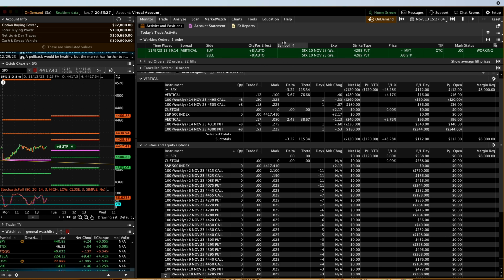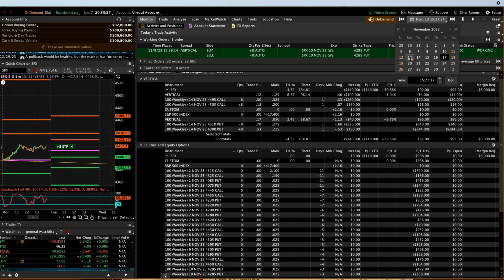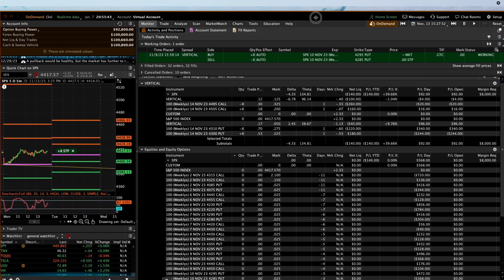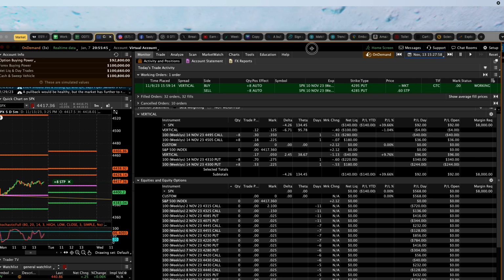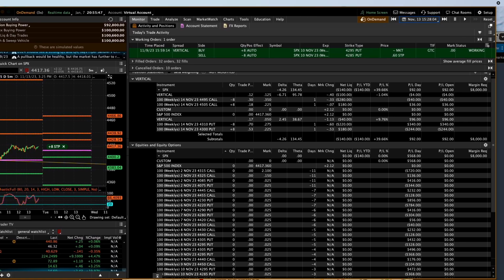So I'm just going to confirm that real quick. So let me see, November, where we got blown out, November 1st or 2nd and November 13th or 14th of 2023. I would put half my count down. This is CPI and FOMC.